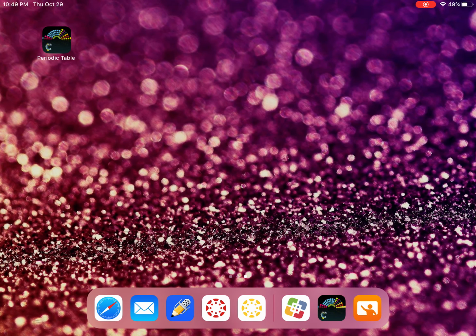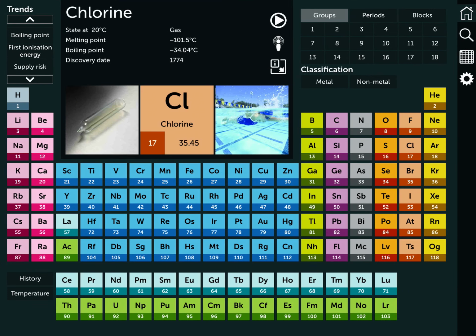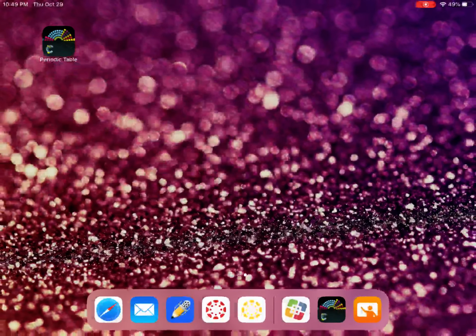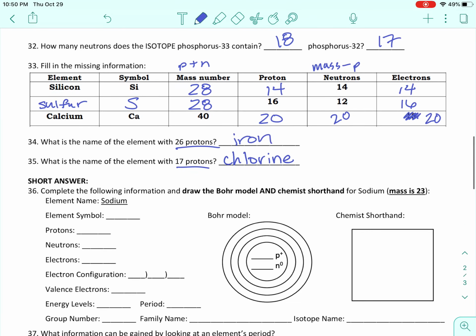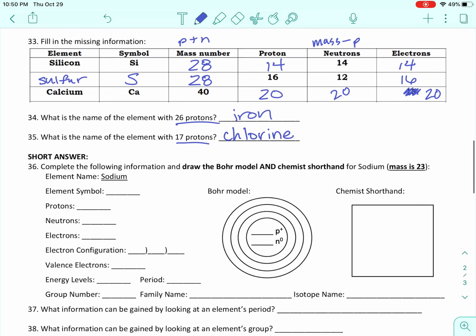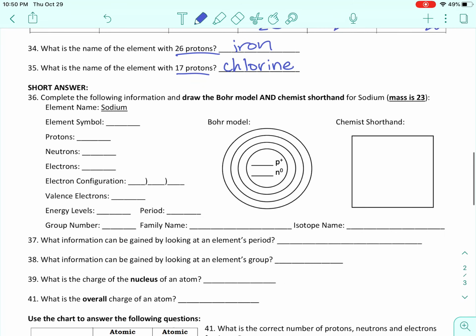It's going to be chlorine, but let's double check. Chlorine, 17 protons. Guys, notice how much I am using the periodic table. You should be using your periodic table just as much as I am. You don't have to have all this stuff memorized. It's all about using that resource.